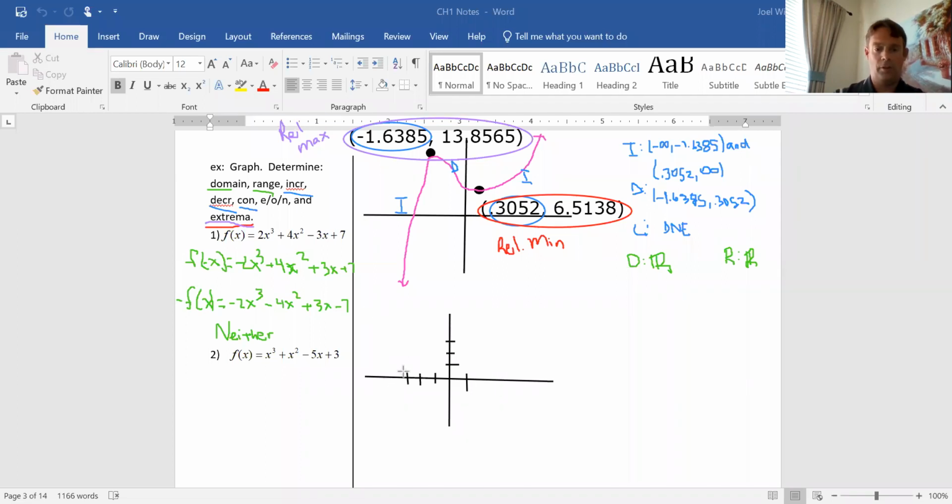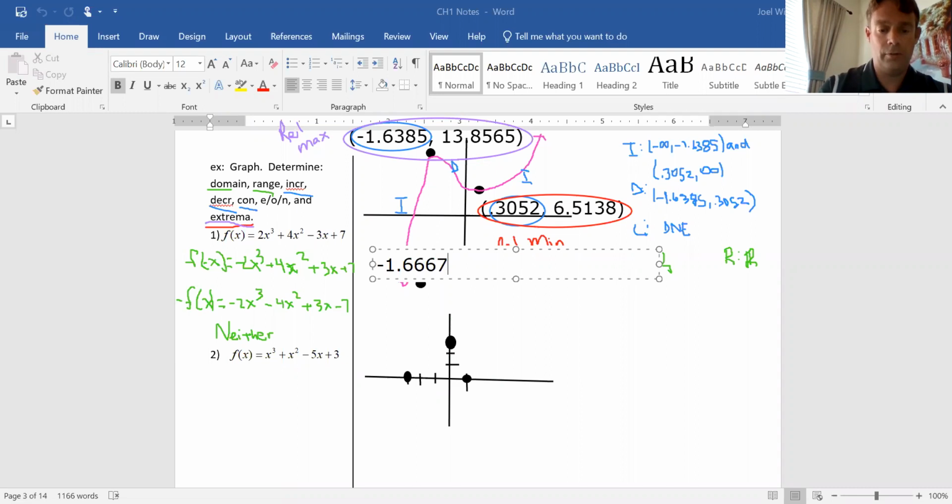This one's going to have an x-intercept at -3, an x-intercept at 1, an x-intercept at 0. It's going to have a point up here as well. Let me tell you the coordinates for that point too. Let's make this point right here -1.6667, 9.4815. That'll be that point, and the graph's going to look like this.